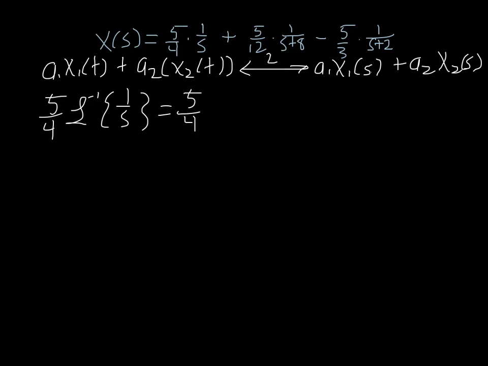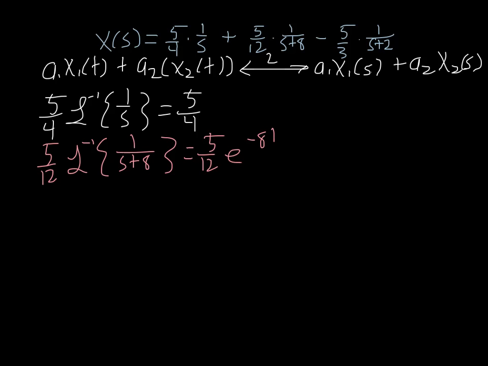For the second term, we will have 5 over 12 times the inverse Laplace transform of 1 over (s plus 8). Again, from the Laplace table, that is a form of 1 over (s plus a), whose inverse Laplace is e to the minus at. So we'll have 5/12 times e to the minus 8t.